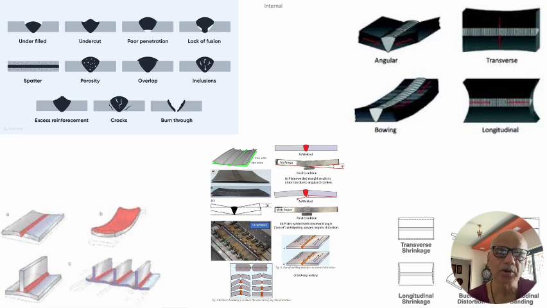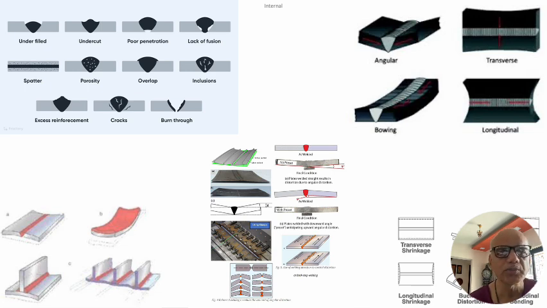So you should not try to bridge this gap, the burn through gap, in one go. Rather use a buttering technique after, of course, grinding and re-preparing your edges to a smooth transition. Bring material slowly by depositing on both the edges to a desirable root gap, and then use proper current to fuse it again and join them together.